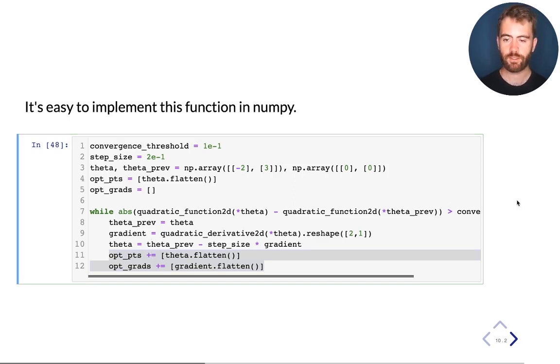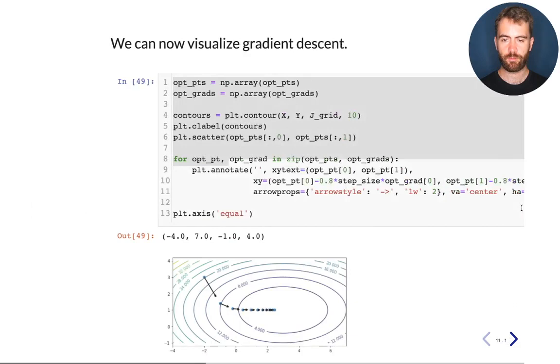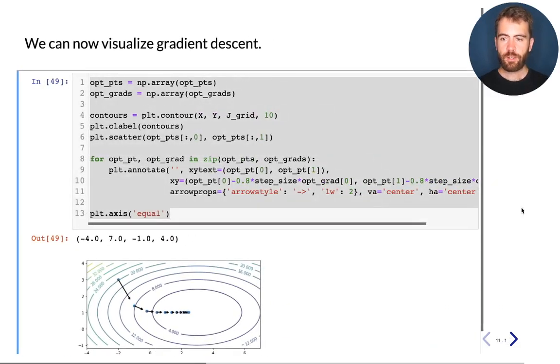Now, in order to get a real intuition about this, let's look at the result of applying this algorithm. So here, in the earlier slides, I have pre-computed an optimization process, and now I'm visualizing it.